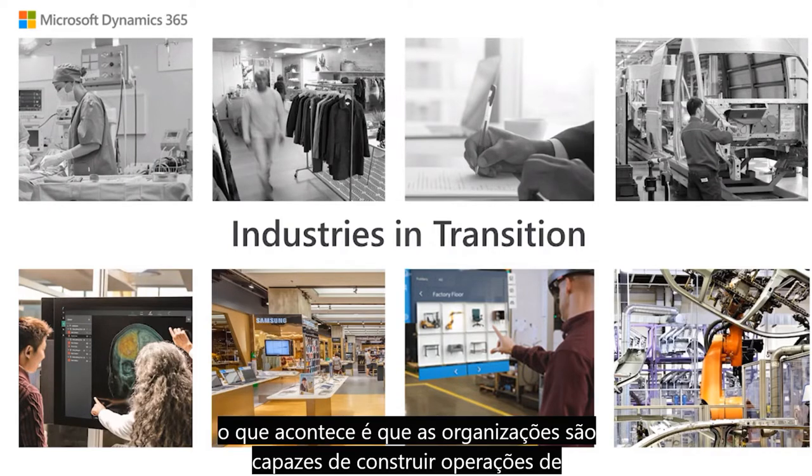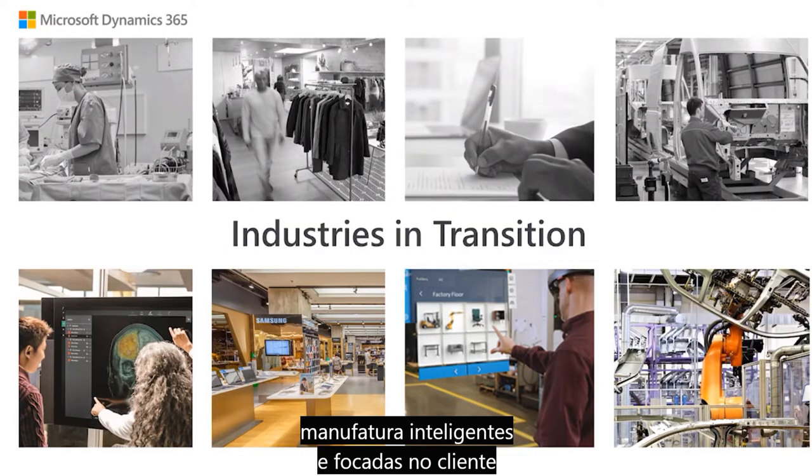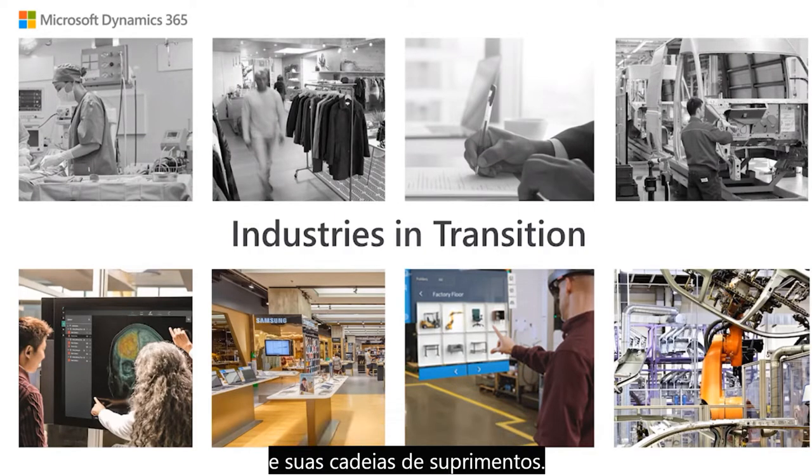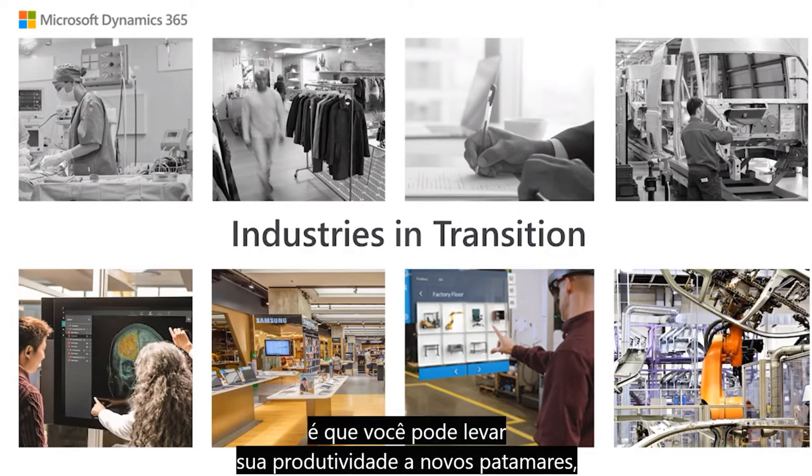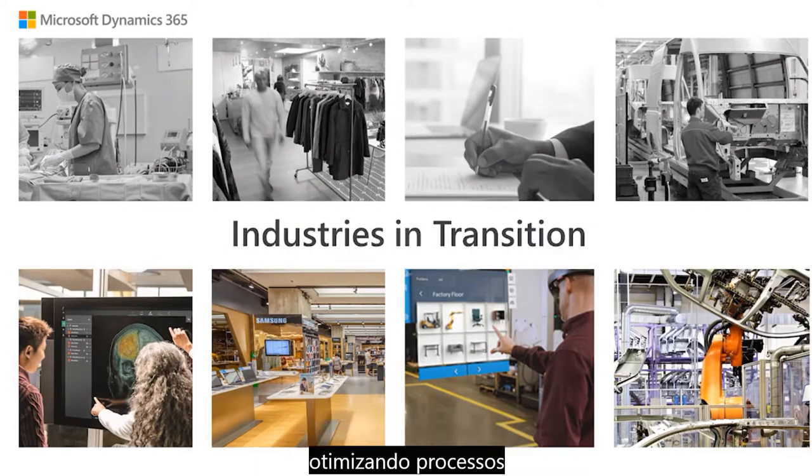And what happens is organizations are able to build intelligent, customer-focused manufacturing operations and their supply chains. And what's really cool about this is that you're able to raise your productivity to new heights by optimizing processes and responding to customer demands in a more proactive way.